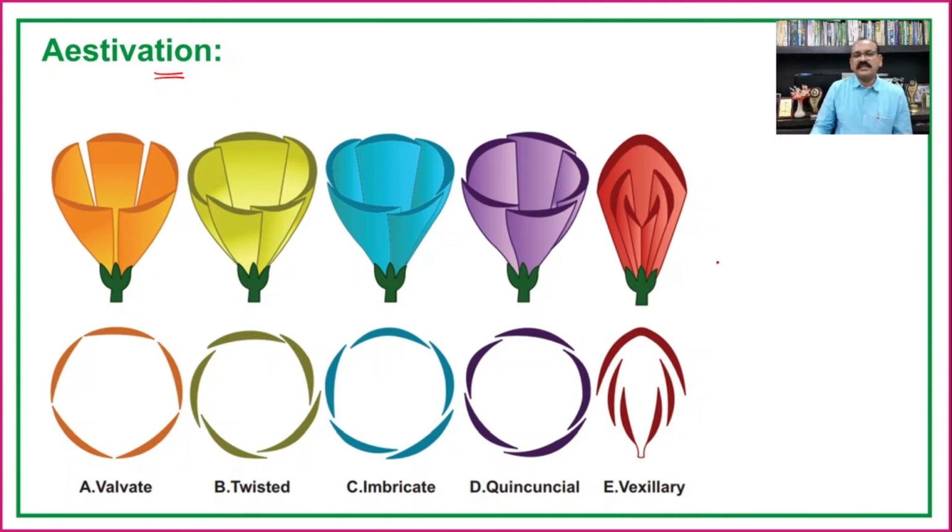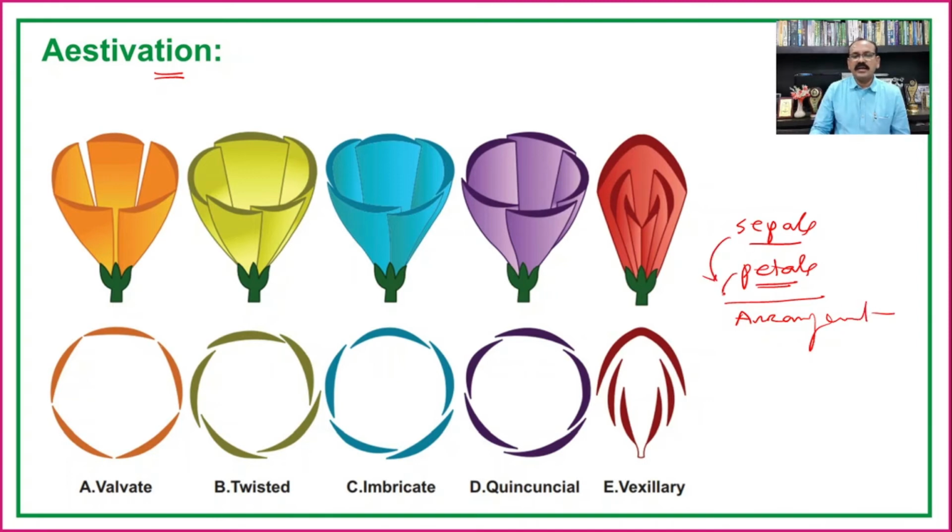Means what we are considering is that here either sepals or petals, and what we have to see is the arrangement of the sepals or the petals, when the flower is in the bud condition.